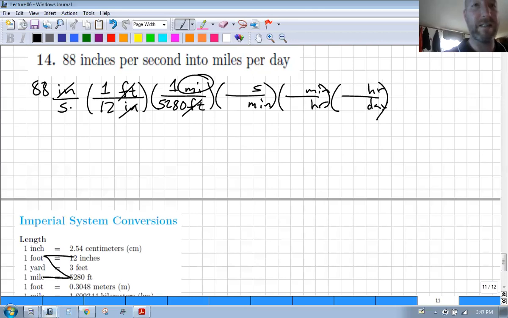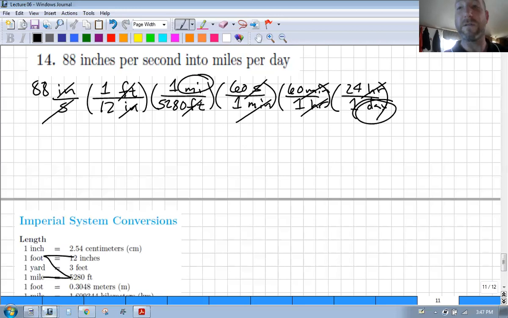So we don't want seconds on the bottom, we want days on the bottom. We know 60 seconds make a minute, 60 minutes make an hour, and 24 hours make a day. So the seconds down here go away with the seconds up there, minutes with the minutes, and the hours. Now we're left with miles per day.